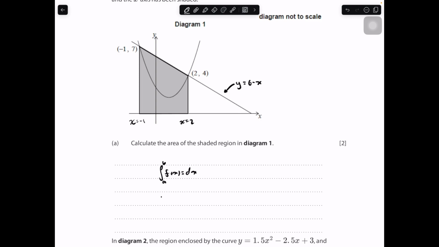In this case, our starting point is negative 1, and we want to find the area all the way up to 2. The function itself is 6 minus x, in terms of dx. I guess if you weren't sure, you could probably just use triangles and actual shapes, but numerical integral is going to be a little easier. Let's go ahead and work it out.